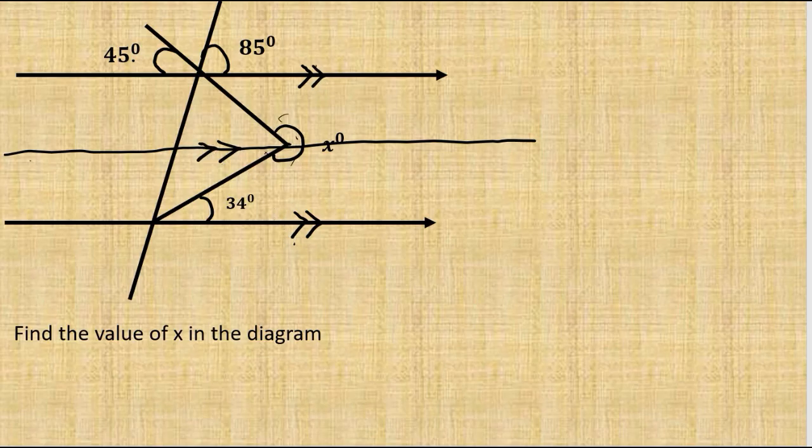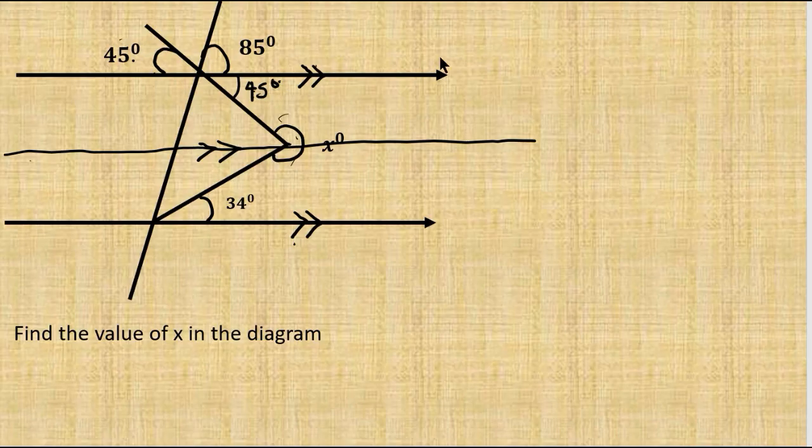The line has to be parallel to both lines. Now, if this line is parallel to this line, we know that what we have here is 45 degrees. Then what we have here is an alternating angle, also 45 degrees, alternating to this 45.